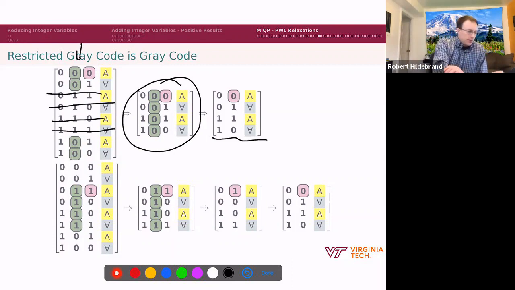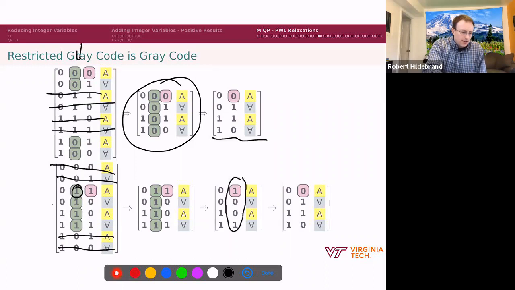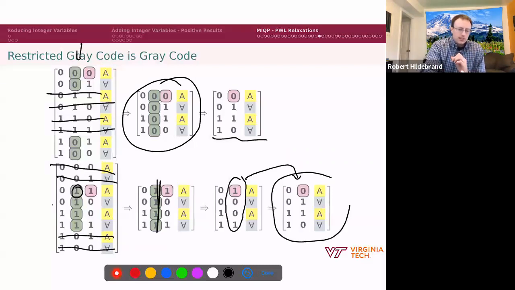And alternatively, if you were to branch on the variable equaling 1, you get rid of all these other rows. And okay, so you don't quite get a Gray code sequence here, but if you were to take the column that's right after the branching variable, so here I remove the branching variable, and I actually flip all the bits from 1s to 0s and 0s to 1s, and then I retain this Gray code solution here.